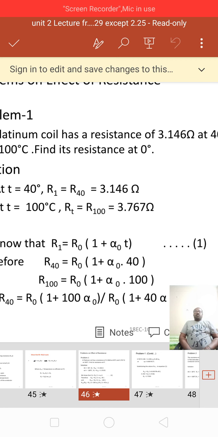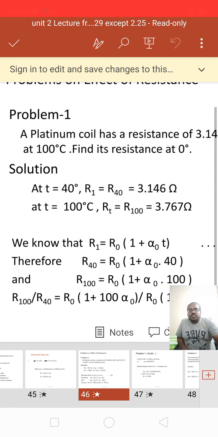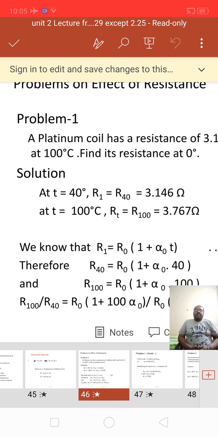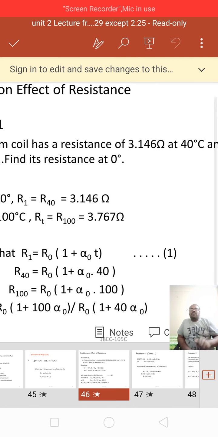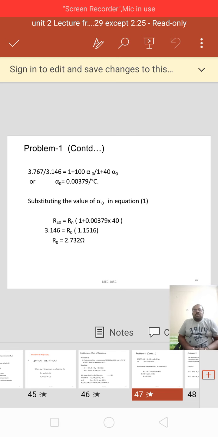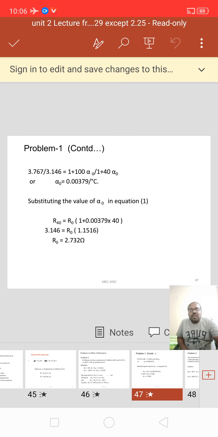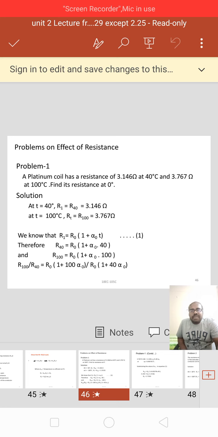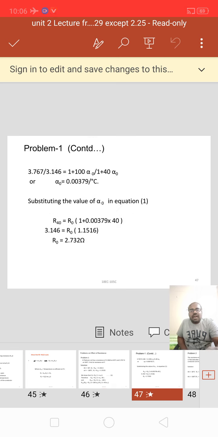Now we take R100 by R40, that is R naught into 1 plus 100 alpha naught by R naught into 1 plus 40 alpha naught. We cancel R naught in the numerator and denominator. So R100 by R40 equal to 1 plus 100 alpha naught by 1 plus 40 alpha naught.